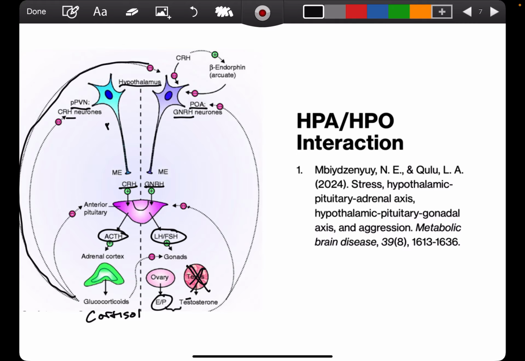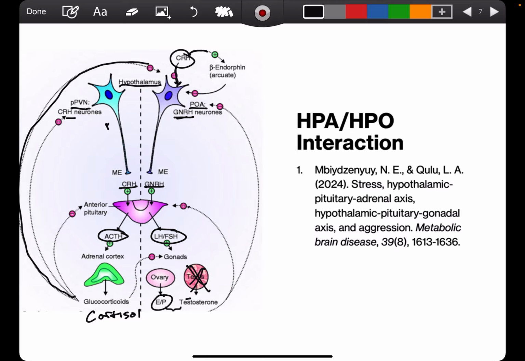pituitary and the hypothalamus. Coming back to the cortisol side, you follow this arrow all the way up. Cortisol has CRH receptors and glucocorticoid receptors on the preoptic area nucleus in the hypothalamus, which inhibit the production of GnRH.